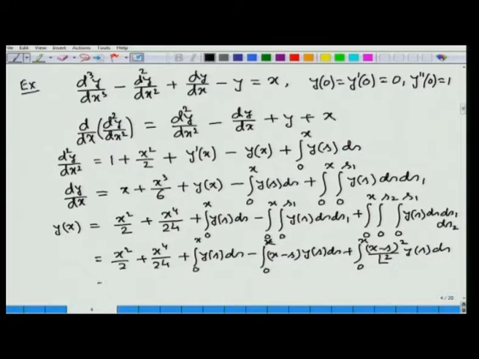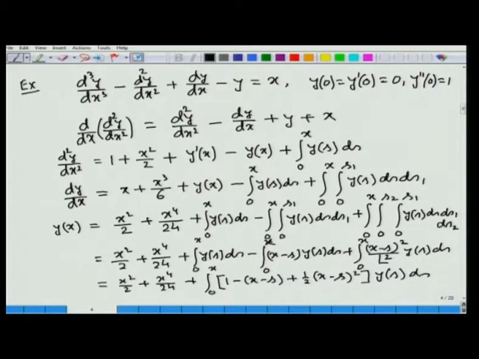So, ultimately the integral equation is x square by 2 plus x to the power 4 by 24 plus integral 0 to x 1 minus x minus s plus half of x minus s whole square, this multiplied with y s ds.